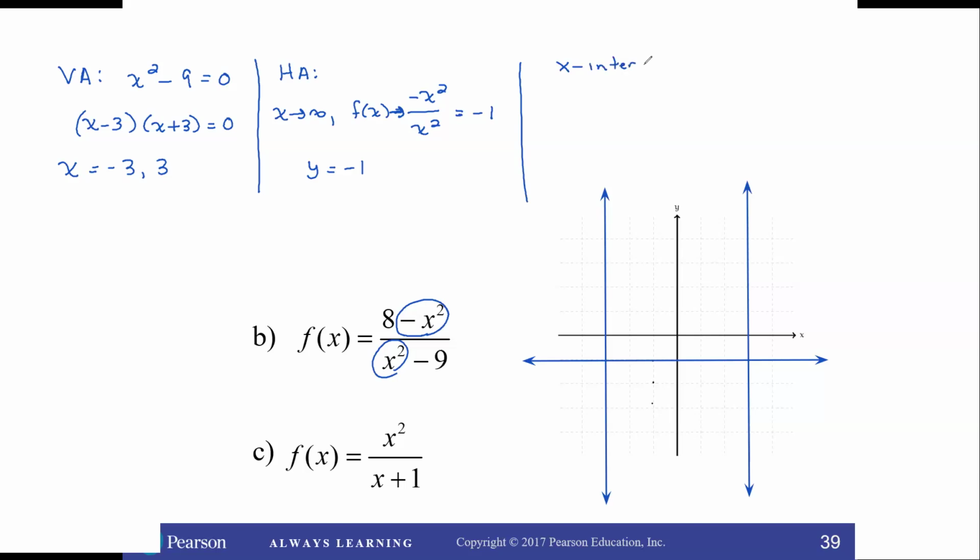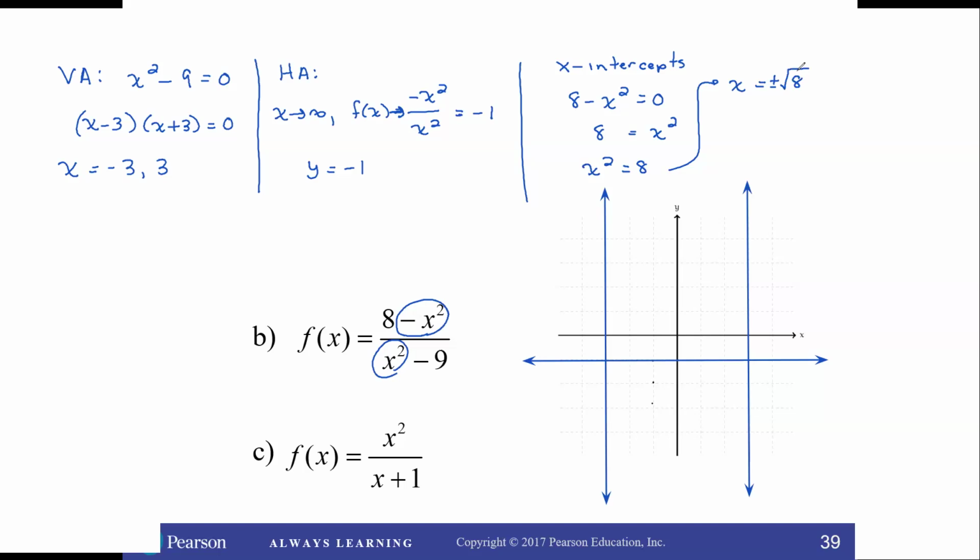X-intercept. So the top is 8 minus x squared equals 0. If we solve this, we can add the x squared over here. So 8 equals x squared, which means x can be plus or minus the square root of 8.